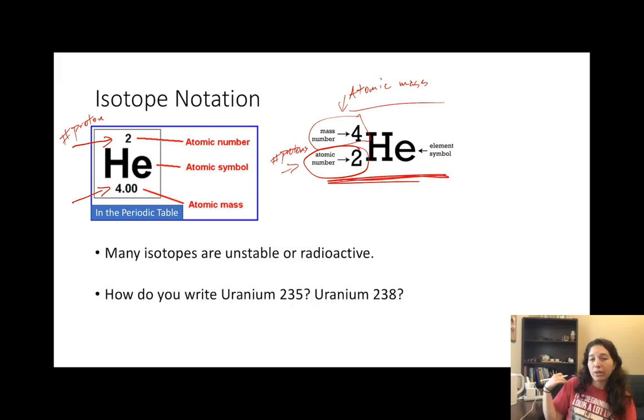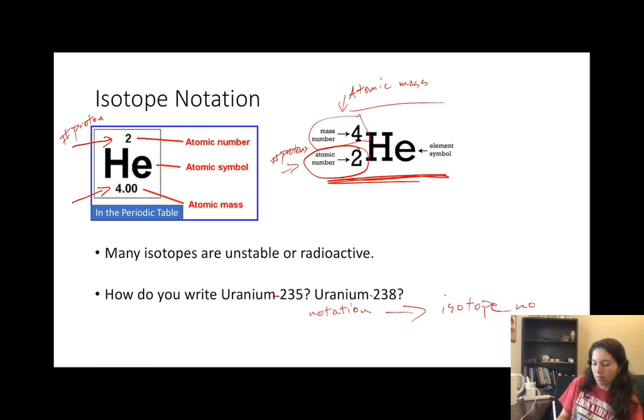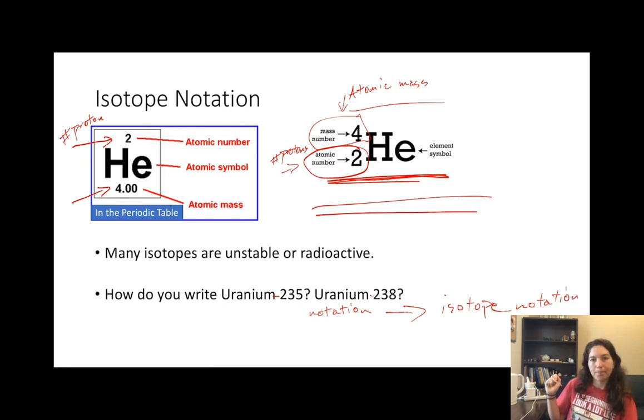Okay, so let's try to do that with our uranium-235 and 238. So how would you write U-235 from this notation here and write it in our isotope notation? Like the example that I showed you right here. So how we would do this is we need the number of protons and we need the mass number.